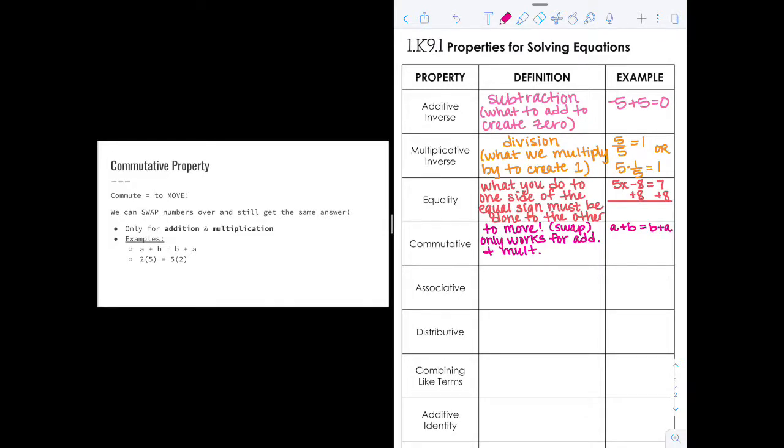And that does not change the value at all. Those are equal. An example with multiplication, say I have 2 times 5, which is 10. I can swap the order of those to 5 times 2, and that would be the same answer. Okay, so that is the commutative property.